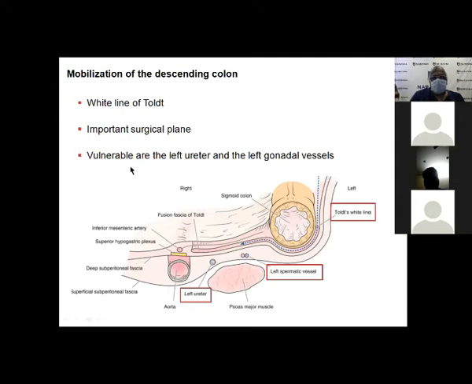The vulnerable things are the left ureter and left gonadal vessel. More vulnerable is the left gonadal vessel because it is usually attached to the peritoneum. You must slowly push it down, especially in an obese fellow. The ureter you can always easily find, unless it gets infiltrated by the tumor, or the anatomy is disturbed, or you are not careful. Otherwise it can be saved.